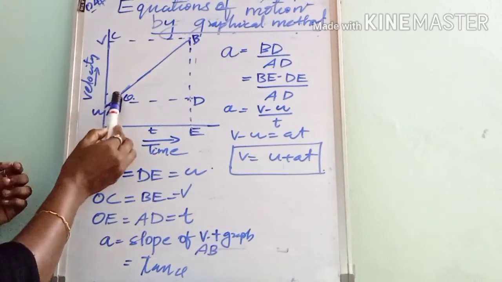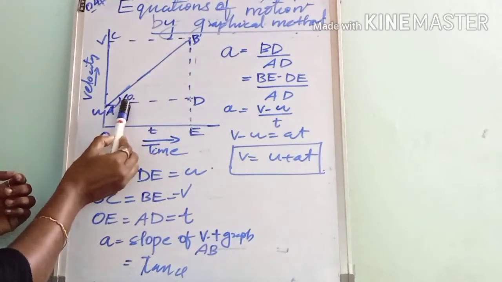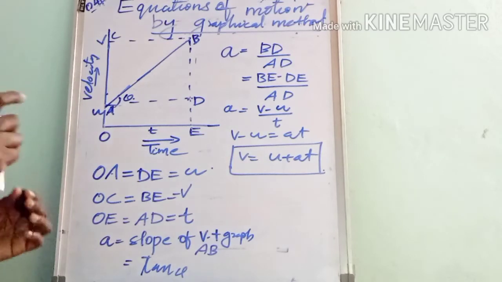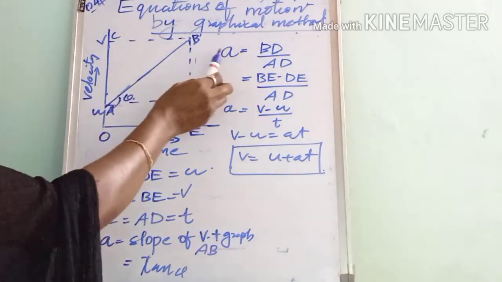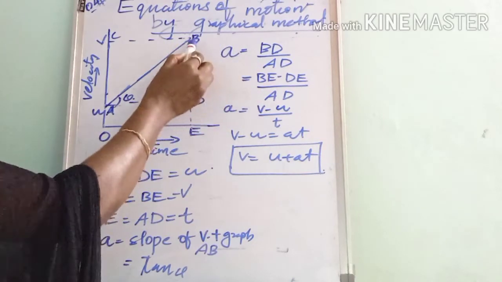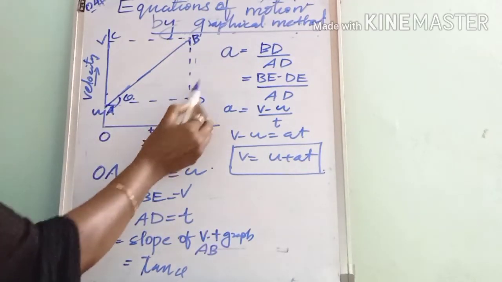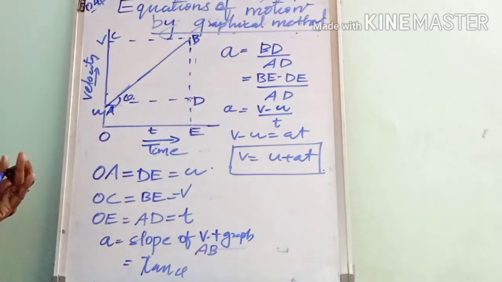So we can write A is equal to BD divided by AD.